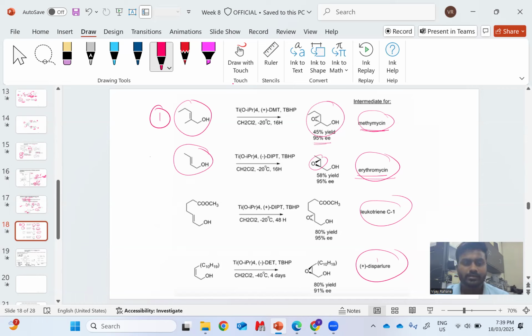And another example you can see here is the product lycotrine. So this epoxide is an intermediate for the synthesis of lycotrine, and the one we have already seen for the pheromone, right? So these are some intermediate epoxides for the synthesis of different kinds of natural products.